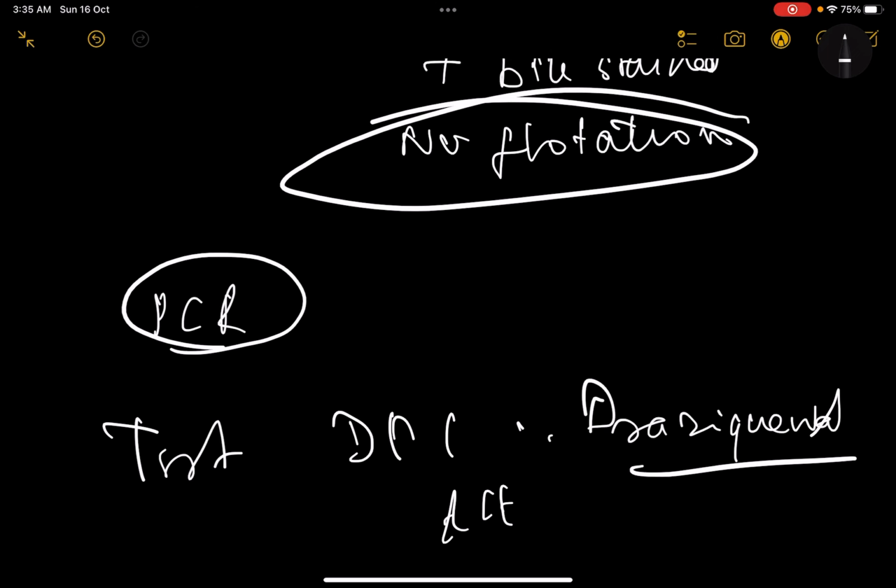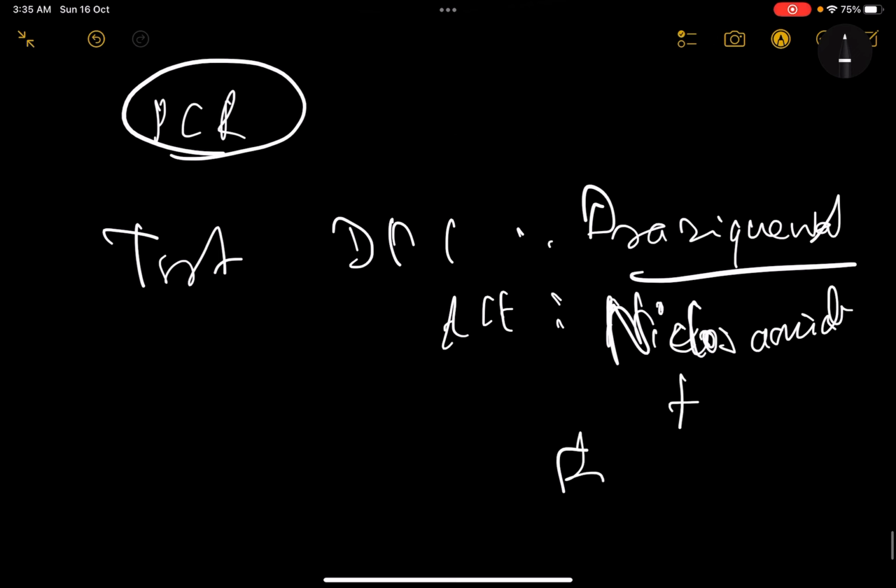Okay, so I'll just write the name: NICLOS, niclosamide. And then you also want to make sure that you give him B12, because your B12 deficiency is the one that's causing all the disease. As a whole, the Diphyllobothrium latum is notorious for causing B12 deficiency itself. So that's an important point.